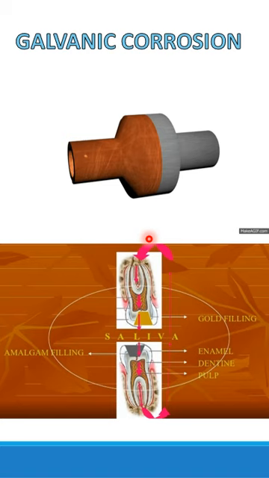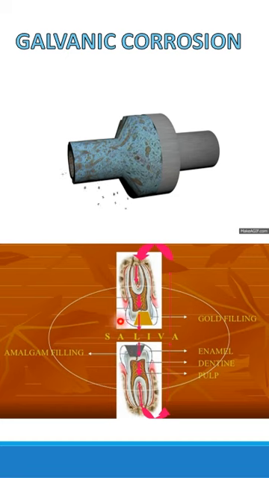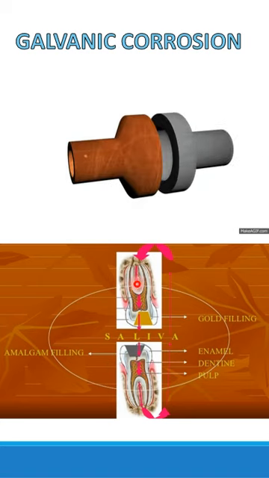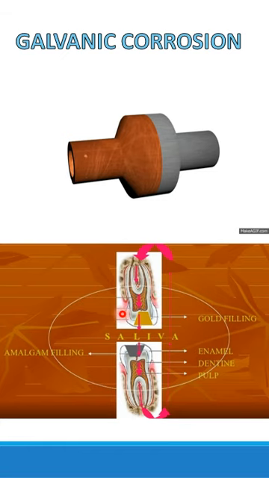Remember that in the oral cavity, your saliva will act as an electrolyte, and when you imagine a gold filling in the upper teeth and an amalgam filling in the lower teeth, the amalgam filling will corrode because your gold is always towards more positive potential compared to that of amalgam, and amalgam will act as the anode and it will corrode, losing the electrons.